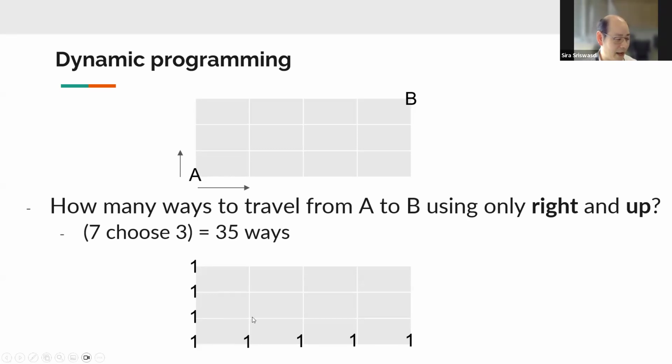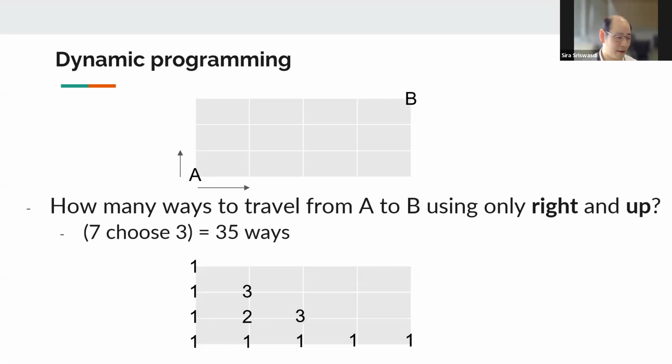But let's say, how many ways can we visit the position to the northeast of A? There are two ways. You can go up and then right, or you can go right and then up. And you notice that this 2 here is actually 1 plus 1. You have one way of reaching this point from the left, and one way of reaching this point from the bottom.